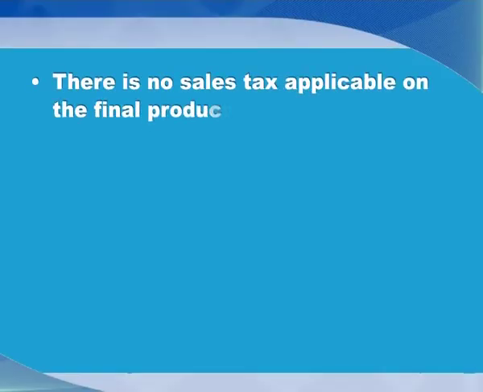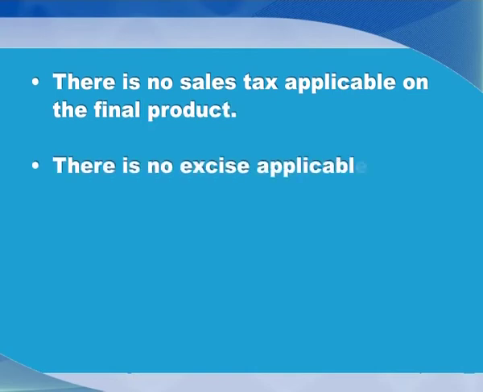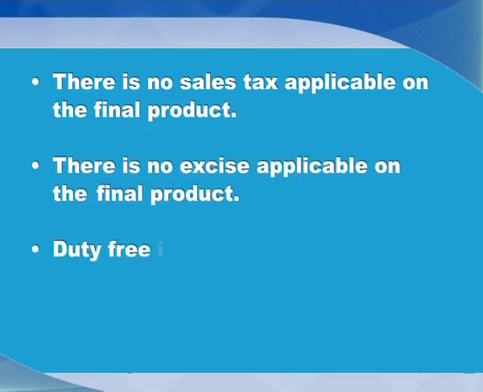In order to withstand international competition, the government offers certain exemptions and incentive benefits. These are additional realizations which tend to reduce the cost of your product. The following are a few of them. There is no sales tax applicable on the final product. There is no excise applicable on the final product.